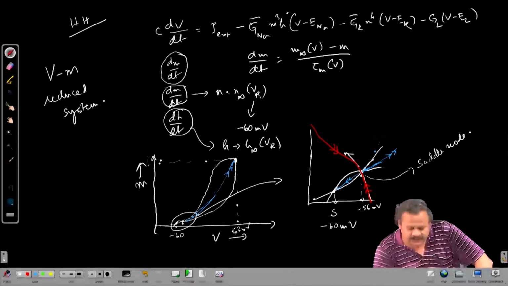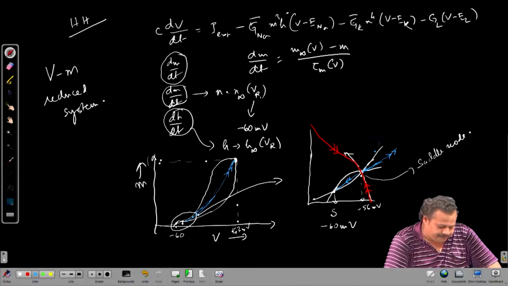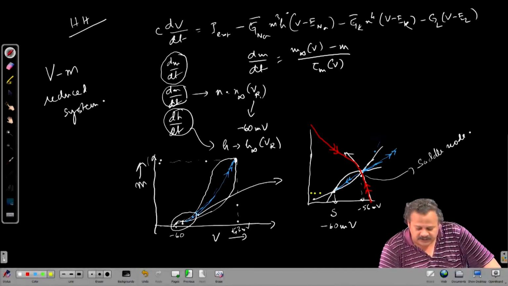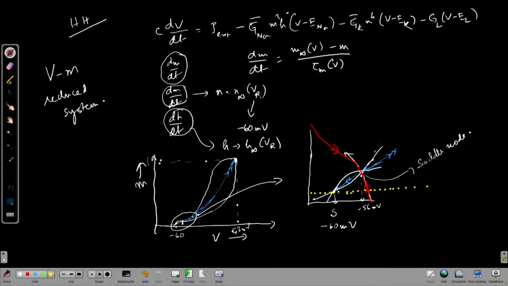As we can see here, if we start the system anywhere along this yellow line, which is at the resting m, so this is m and this is our V rest, then by shifting it through a current injection, if the initial value of voltage is somewhere near this stable manifold but on the left, the behavior is like this.